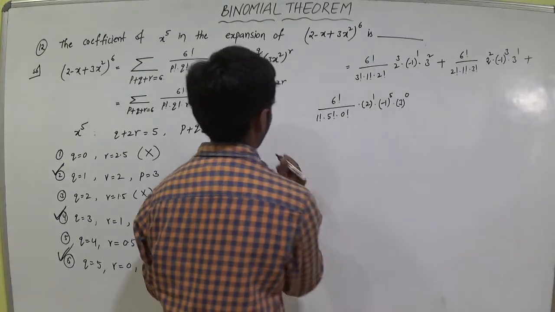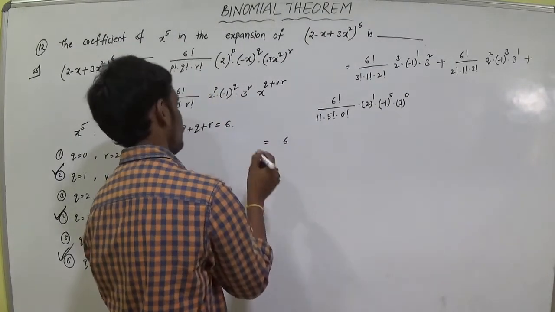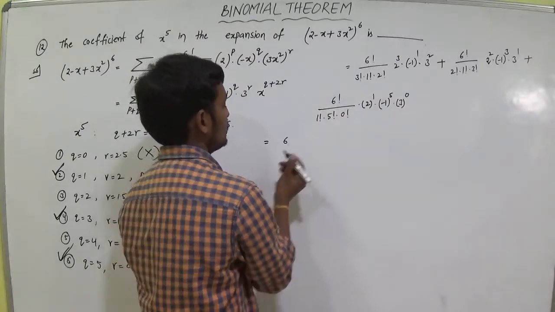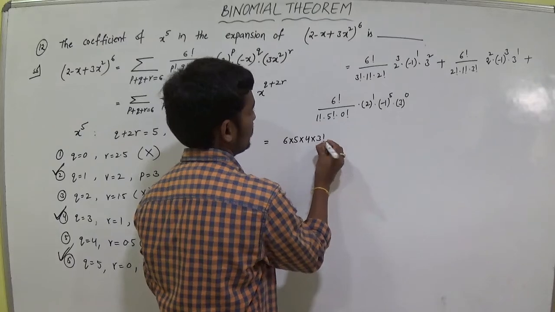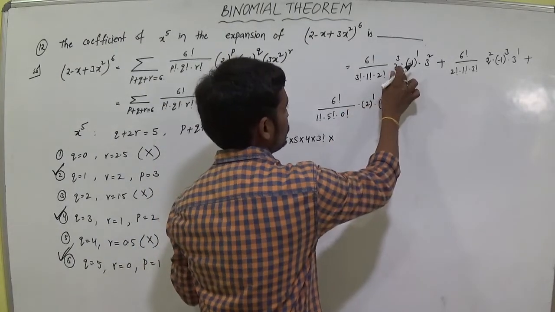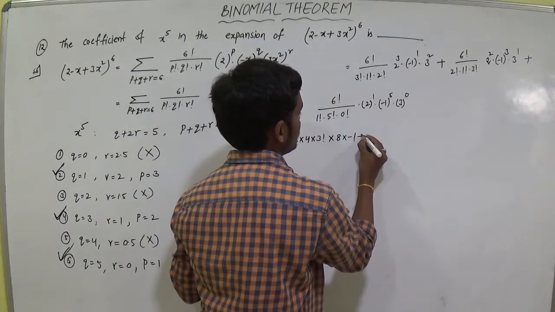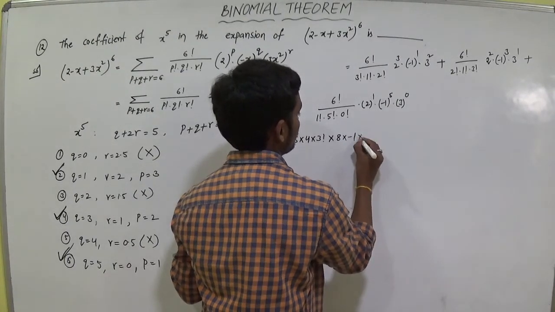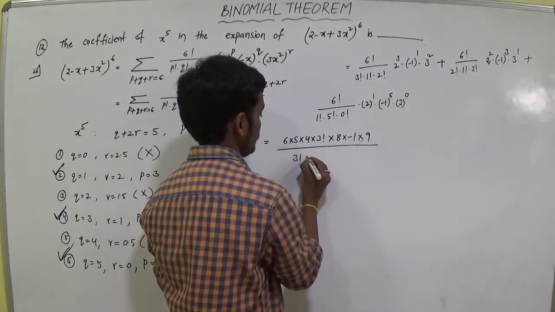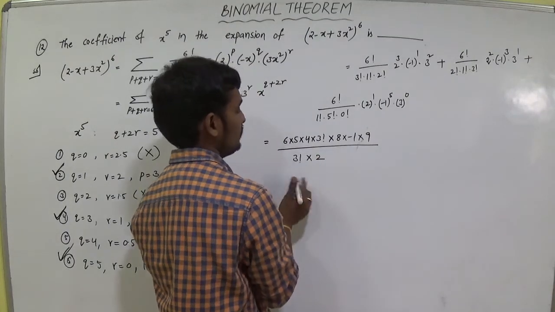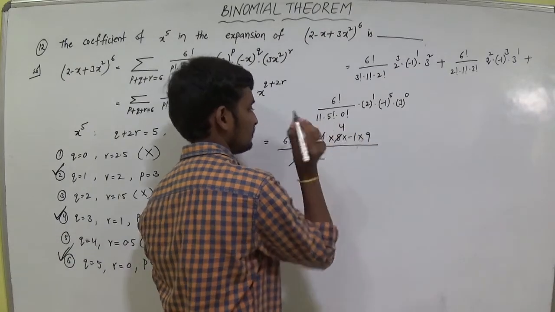We can simplify this, that is equal to 6 factorial, 6 into 5 into 4 into 3 factorial, into the numerator we also have 2 cube, 8, minus 1 to the power of 1, minus 1, plus 3 square, 9, divided by 3 factorial, 3 into 2 factorial, 2. 3 factorial cancels, 2 cancels by 8, 4 times.